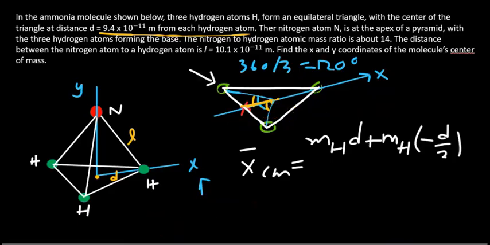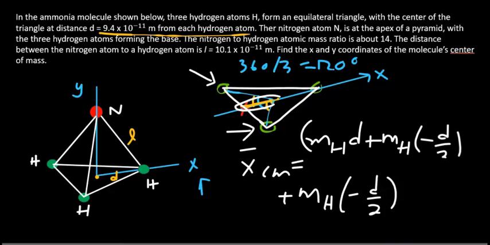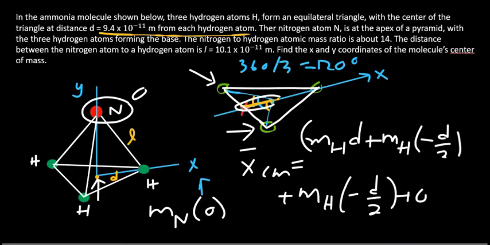Now let's look at the third hydrogen atom. Its mass is mH, and its x-coordinate, which is also that distance, is the same as the x-coordinate of that atom, which we have now computed to be minus d over 2. And one last term is the term associated with the nitrogen atom. The nitrogen atom has an x-coordinate of 0 because it is exactly on the y-axis. So the last term, which would be of the form the mass of the nitrogen atom times its x-coordinate, is quite simply 0.